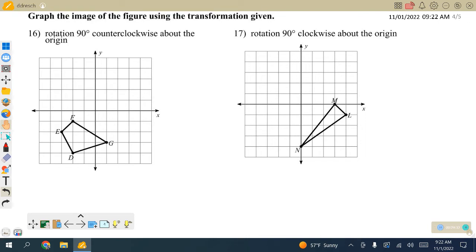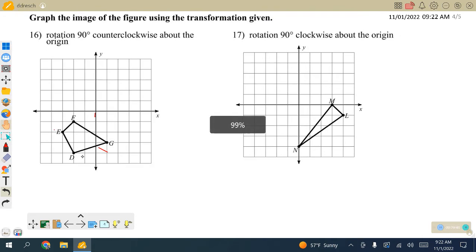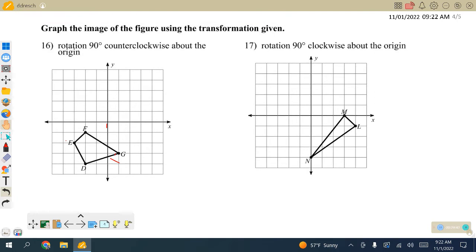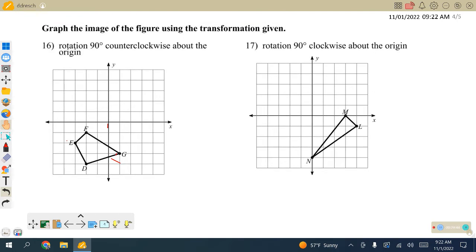First thing is, don't move it once you get it on there. The first thing I want you to do is mark where the origin is. Take the origin, put a point there, and draw just a mini XY axis.